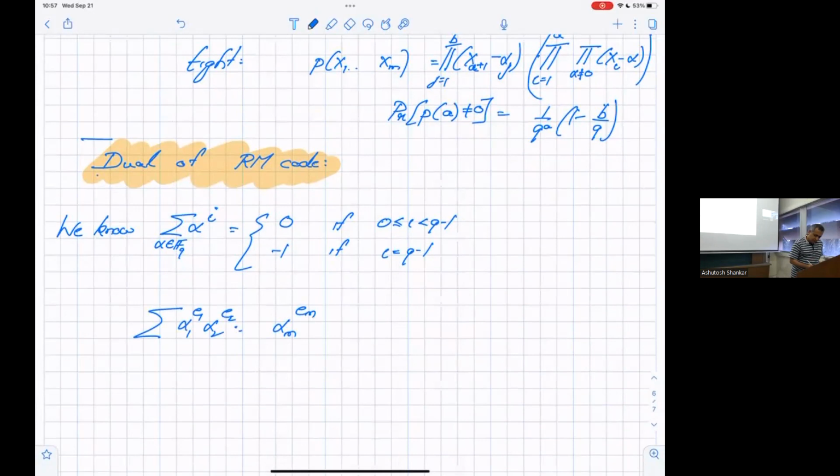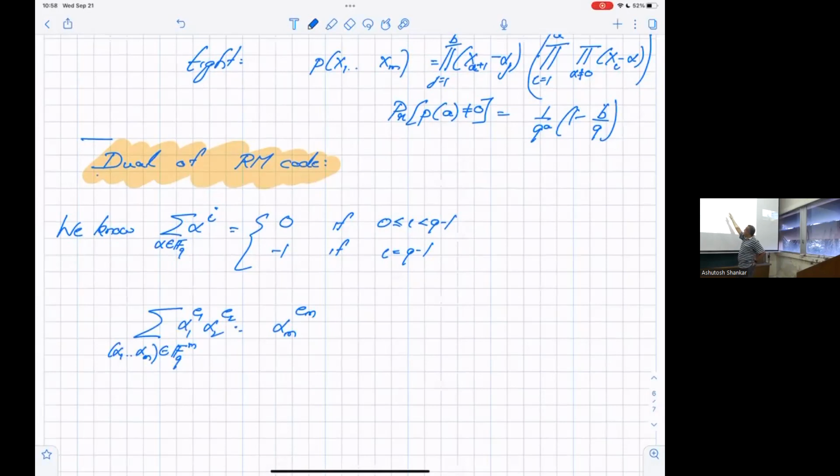I want to sum this over all choices of alpha_1 to alpha_m in F_q to the m. Notice that this is a sum of products that just splits into a product of sums.